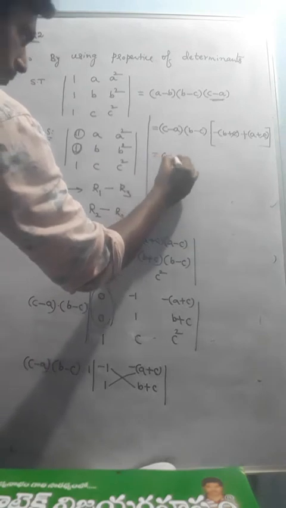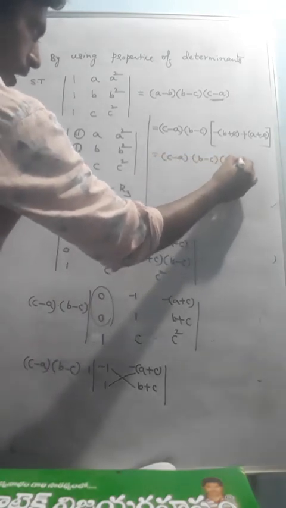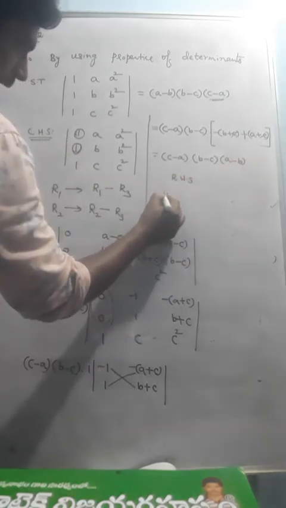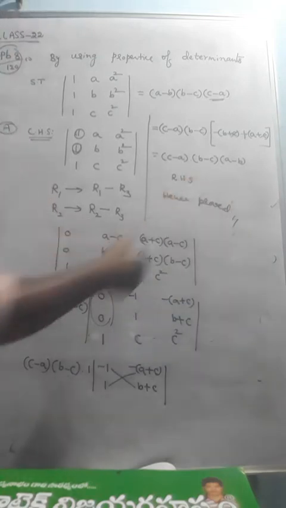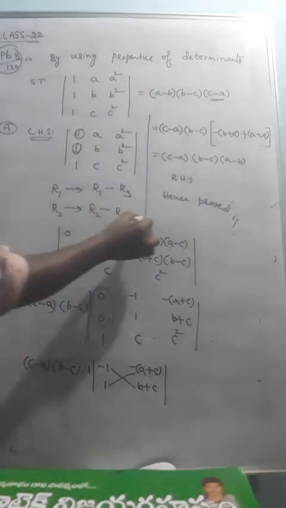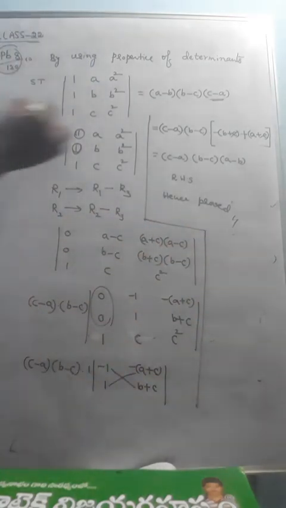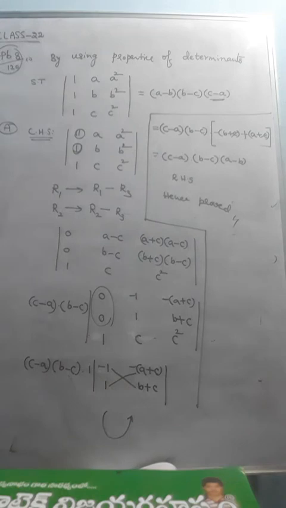Next, C minus A into B minus C into A minus B. This is the RHS, hence proved. Okay, write down fast.